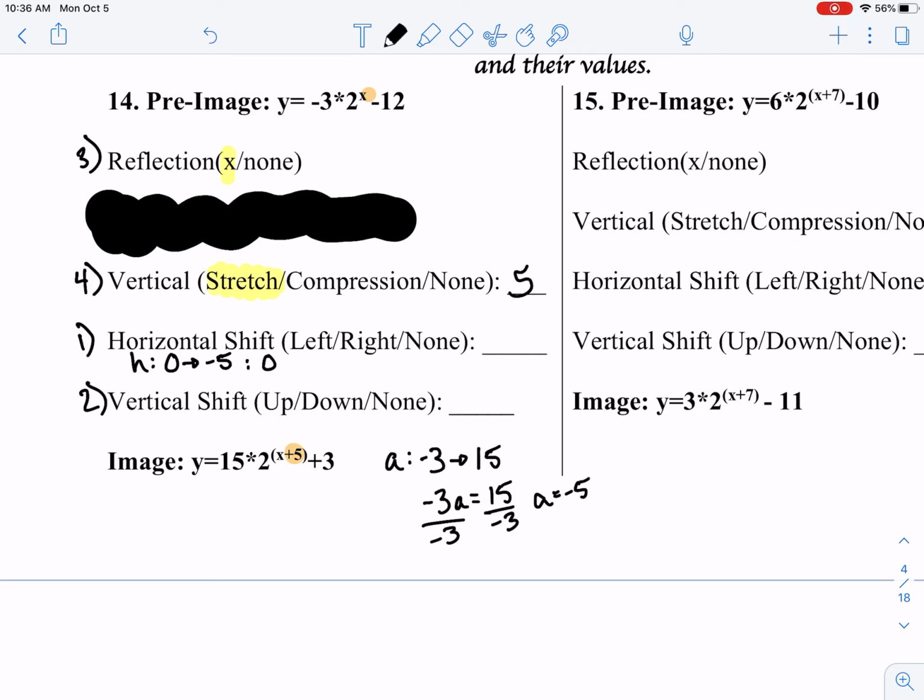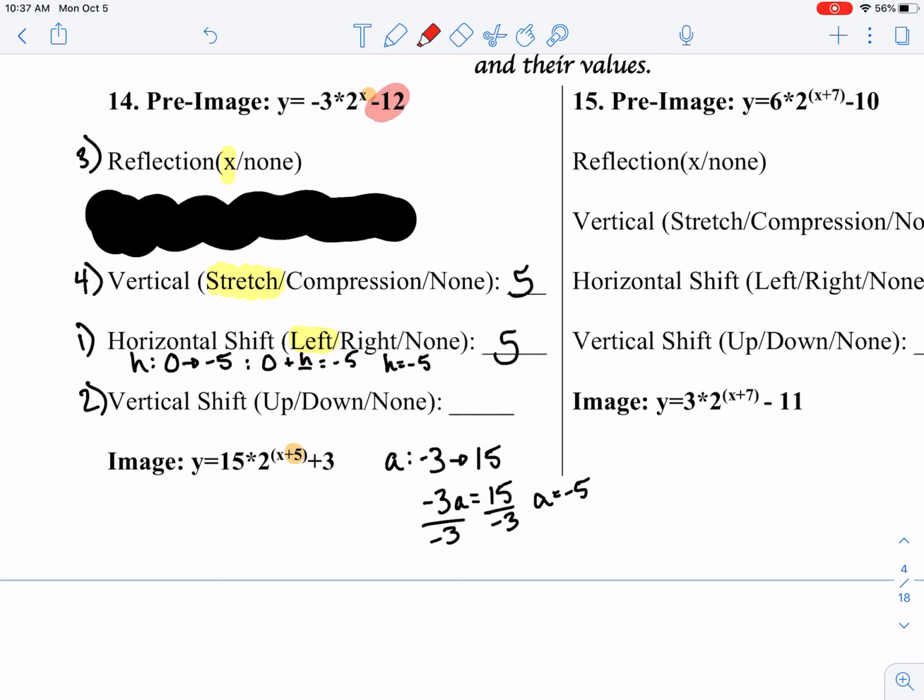So 0 plus what equals -5? I should call that H. Well, just H equals -5. Negative means it's a move to the left. How many is the actual number? So 5 again.